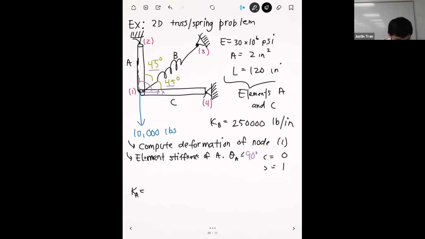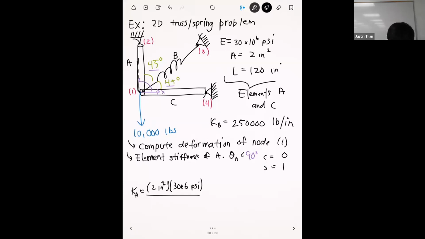First thing we're going to do is compute AE over L, which is the stiffness constant for a truss. Our A here is 2 in squared. Our E here is 30 times 10 to the 6 psi, which I'm going to shorten to 30 E6 psi.